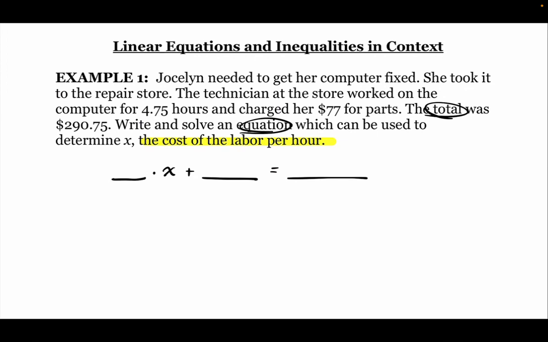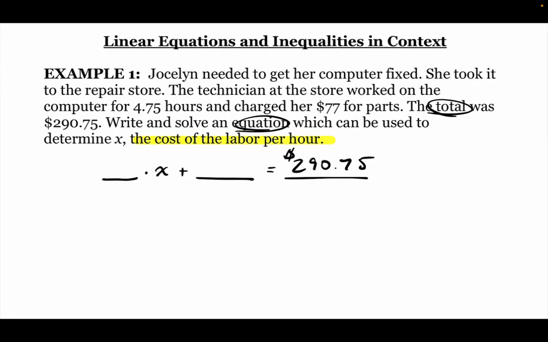So one of them's done. What was the total? They actually tell us the total, right? So that's going to go on this side: $290.75. So we have two of the three already done. Those are usually the two that I start with. Next one.